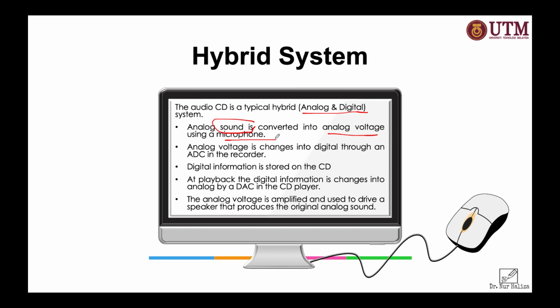And then the analog voltage is changed into digital through the ADC in the converter or your recorder. After that, the digital information is stored in the CD, and then you play it back, converting the digital information into analog by the DAC in the CD player. So this is how the system changes from ADC to DAC and so on.